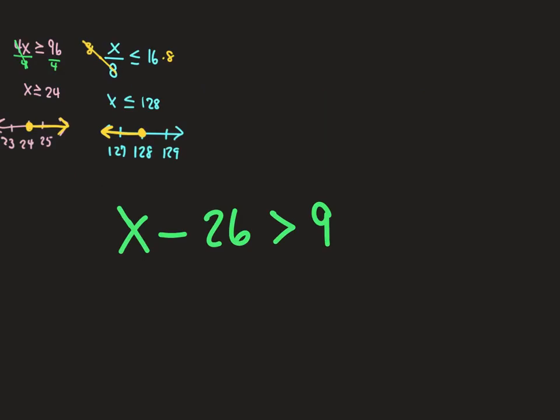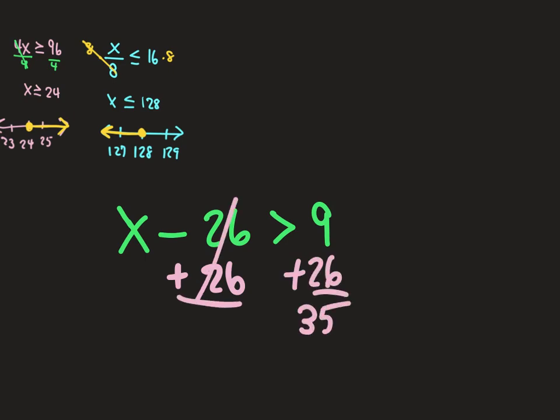Here's your first question of the video. X minus 26 is greater than 9. Tell me what the answer is. We're going to add 26 to both sides.